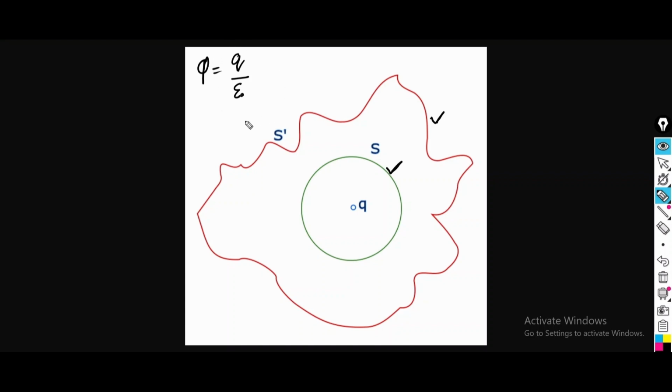So there is no parameter for this irregular shape. So this Gauss law expression is independent of the shape of the Gaussian surface. Here let's consider this charge is a positive charge. There will be electric field lines originating from this positive charge and radially outward from it, which are these lines.